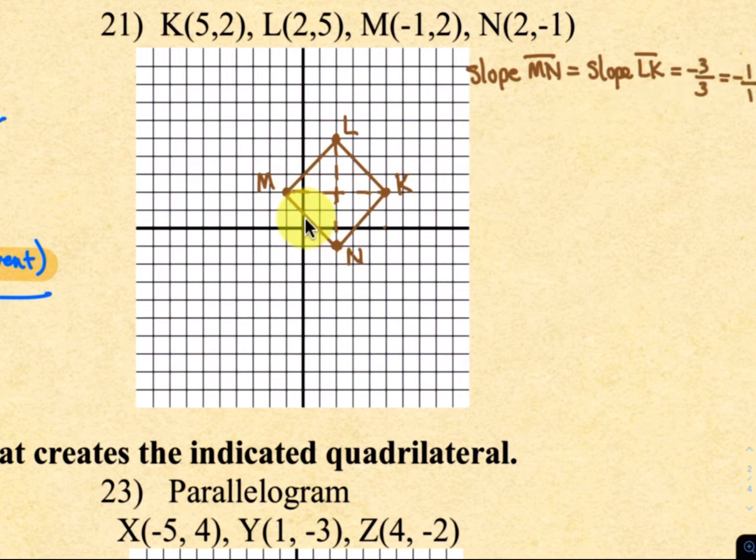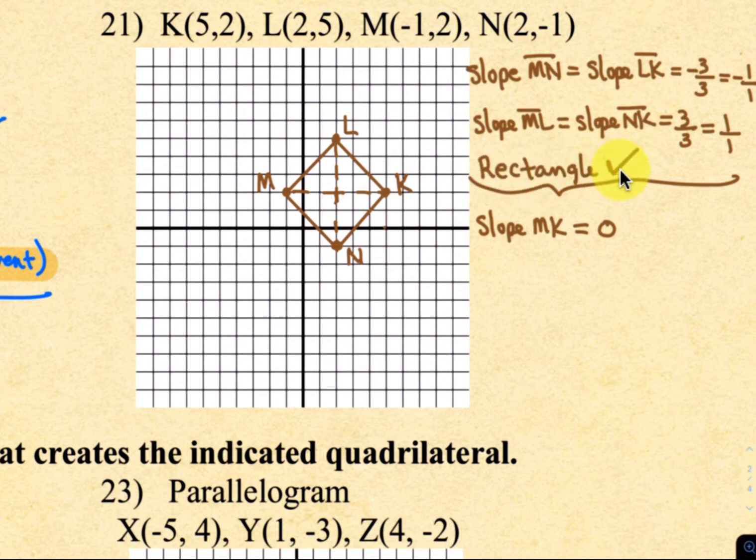So we know that those two slopes are the same, MN and LK. And the slope of ML is up 3/3. Likewise, the slope of NK is up 3/3, so that's 3/3 or 1/1. Now we see that -1/1 and +1/1 are opposite reciprocals, and therefore this is a rectangle.